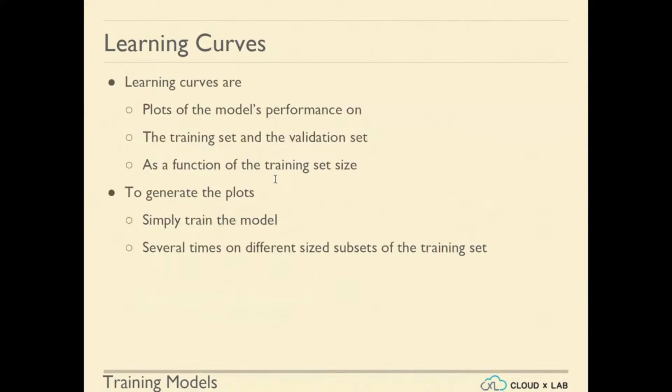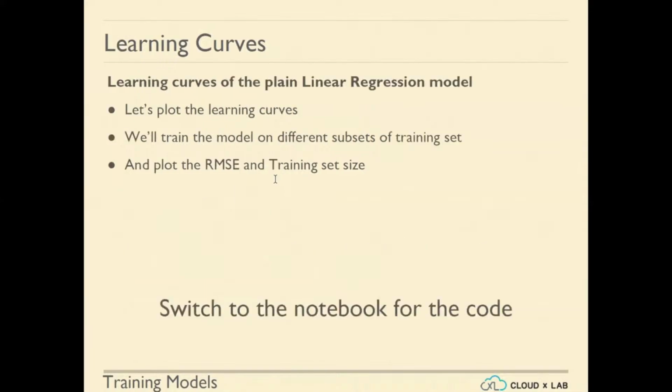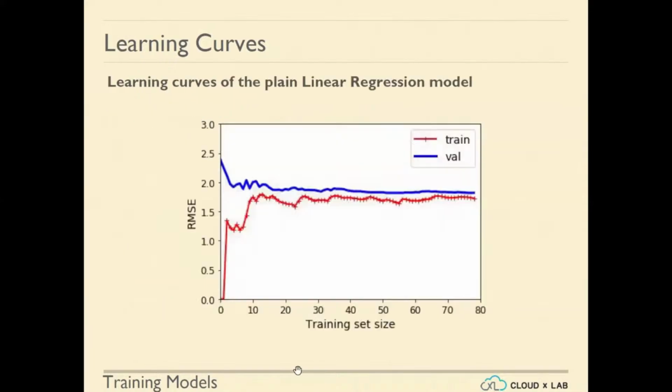Learning curve means we will plot model performance on the training set and validation set as a function of training set size. So on the x-axis we take variable training set size. For example, let's say originally we have 100 training points in our data set.